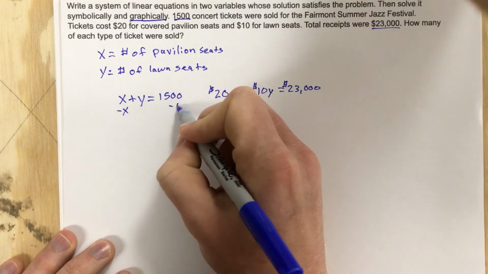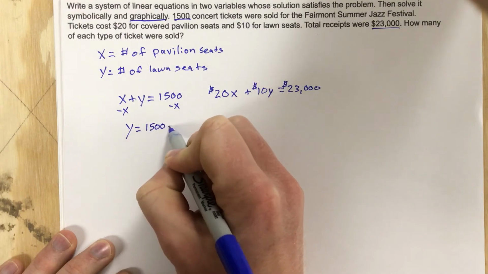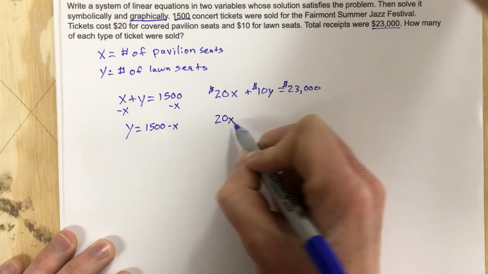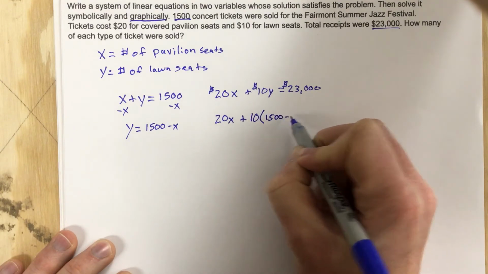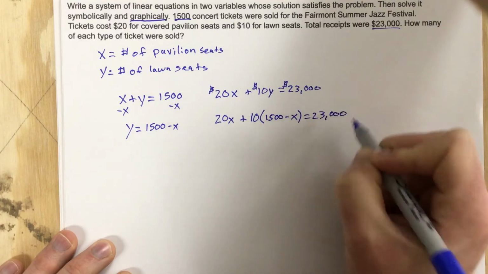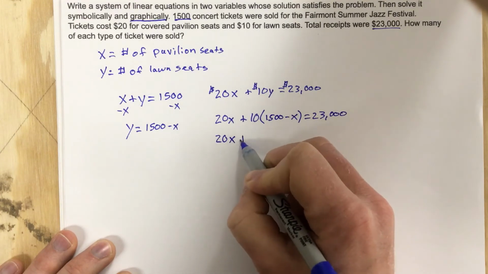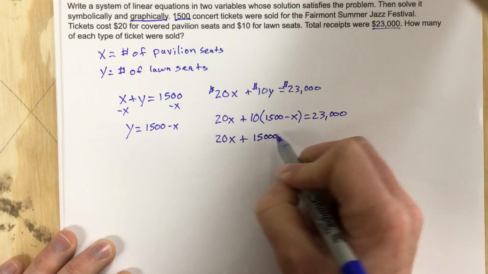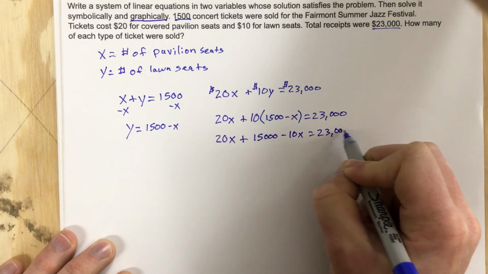Subtract the X. I get Y equals 1,500 minus X. I'm going to plug that in here and I get 20X plus 10 times 1,500 minus X equals 23,000. I get 20X plus, if I multiply that times 10, I get 15,000 minus 10X equals 23,000.